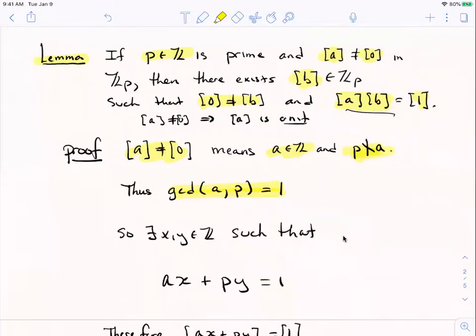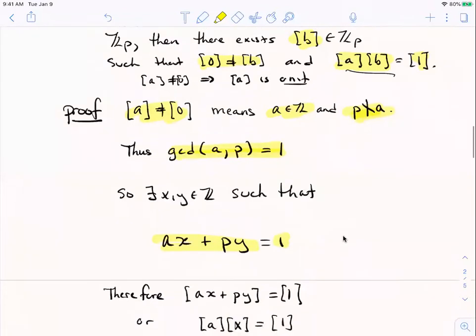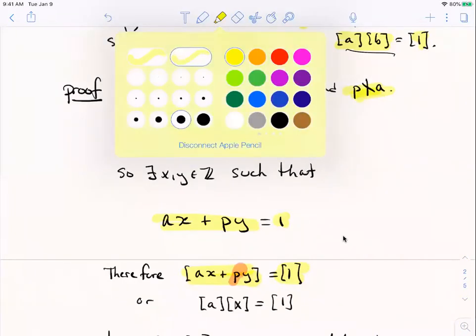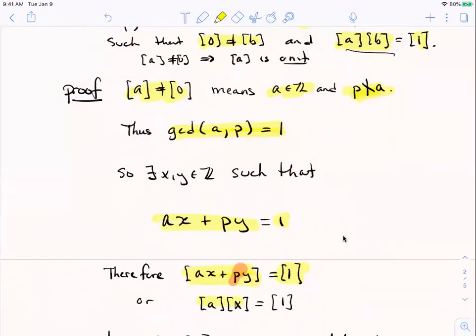So an old result of ours from this class, the greatest common divisor of 2 integers is always an integer linear combination of them. So I can find integers x and y so that ax plus py is equal to 1. And if I reduce that equation mod p, if I look at their equivalence classes, well, p, of course, is 0 mod p. So the left-hand side of that thing just becomes ax, which by our well-definedness is a times x.